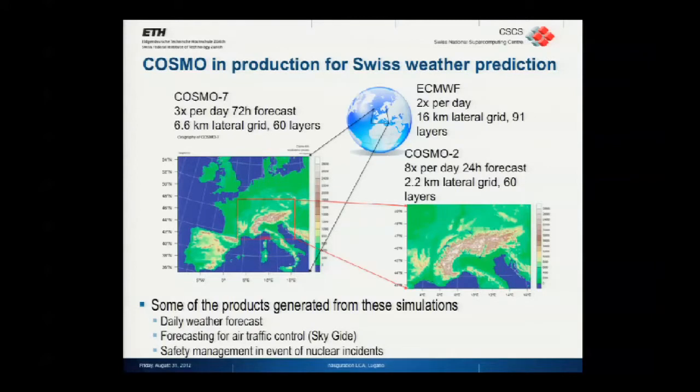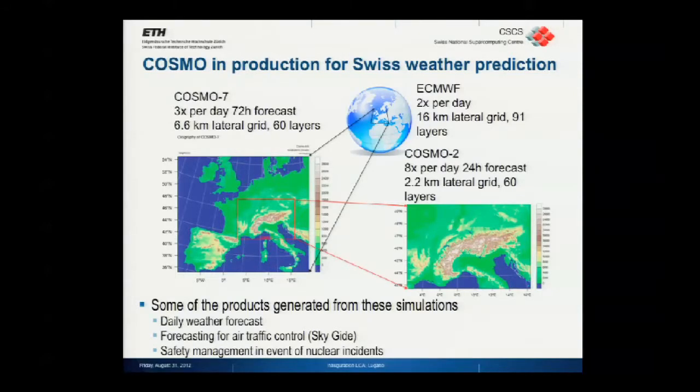Now with this, you cannot predict weather in Engadine or here in Ticino because the resolution is just not good enough. So then this data is fed into a 2-kilometer resolution simulation that runs 8 times per day for a 24-hour forecast.